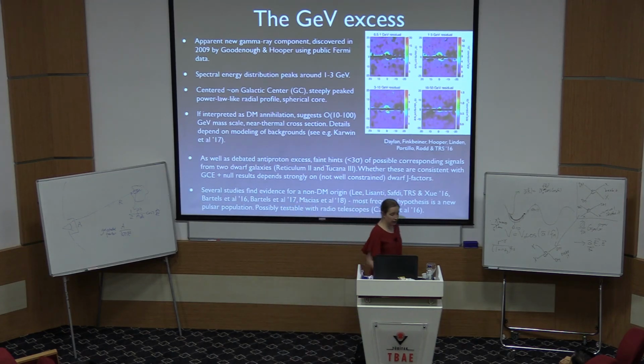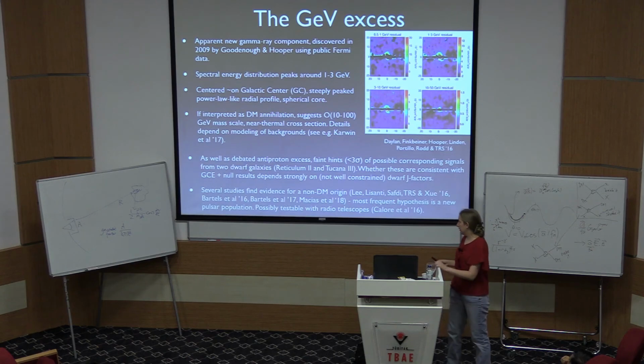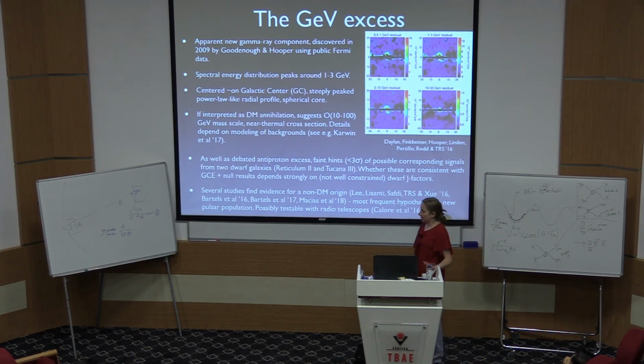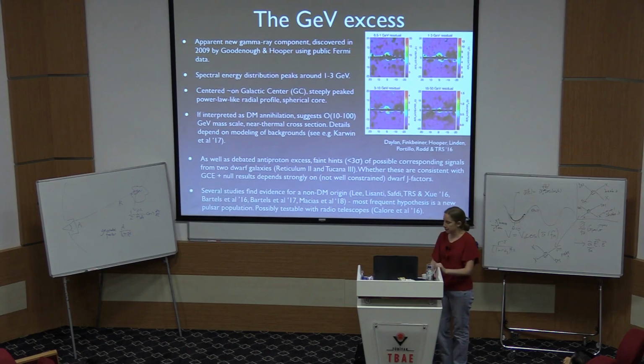There have been a number of studies that claim indirect evidence that this is coming from not dark matter, from looking at the shape of the excess as you move out from the galactic center, and from looking at the level of fluctuations from pixel to pixel within the excess. I think those are good analyses, but they are subject to significant systematic uncertainties on the background modeling.